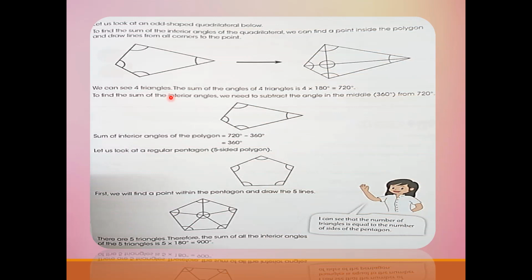Next one, let us look at an odd-shaped quadrilateral below. To find the sum of the interior angles of the quadrilateral, we can find a point inside the polygon and draw lines from all corners to the point.